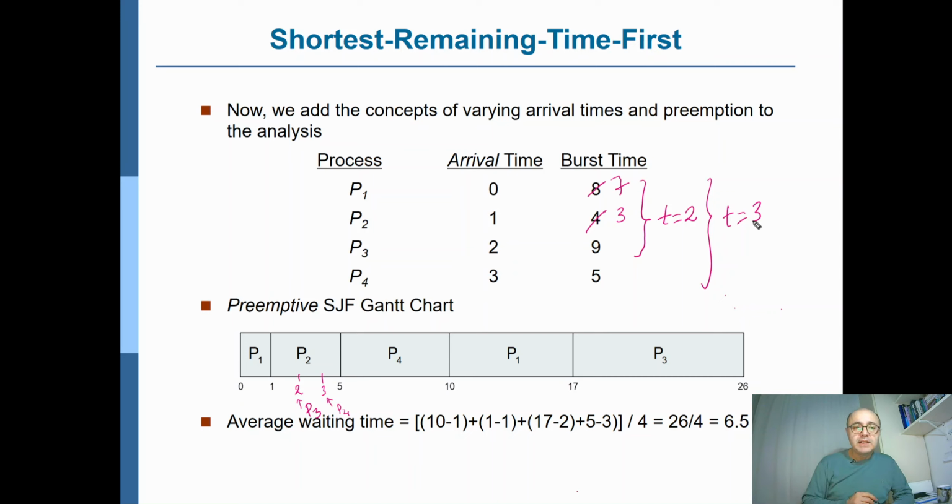P1 still has 7 remaining because it has only executed for 1 millisecond. But P2 has now executed for 2 milliseconds, so its remaining CPU time has decreased to 2. P3 did not start executing at all, so it's still 9. And P4 has 5. So P2 continues.